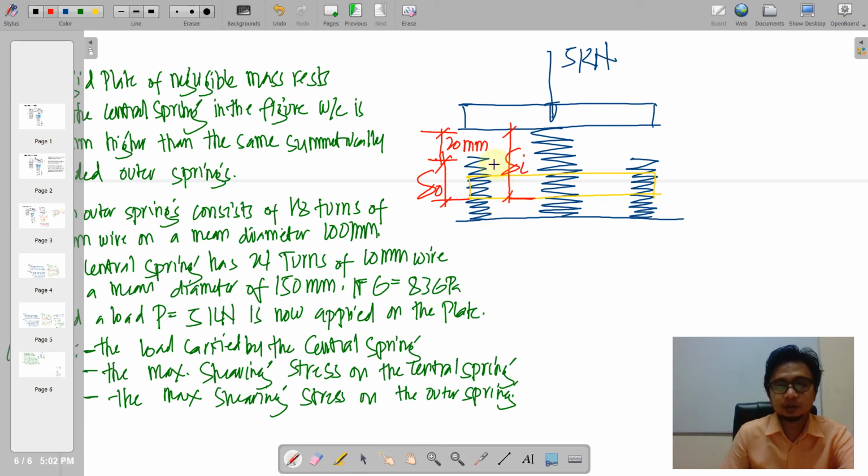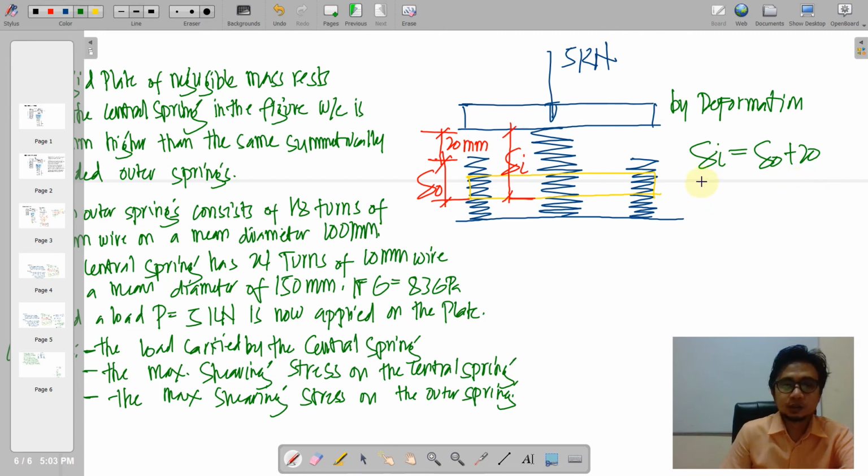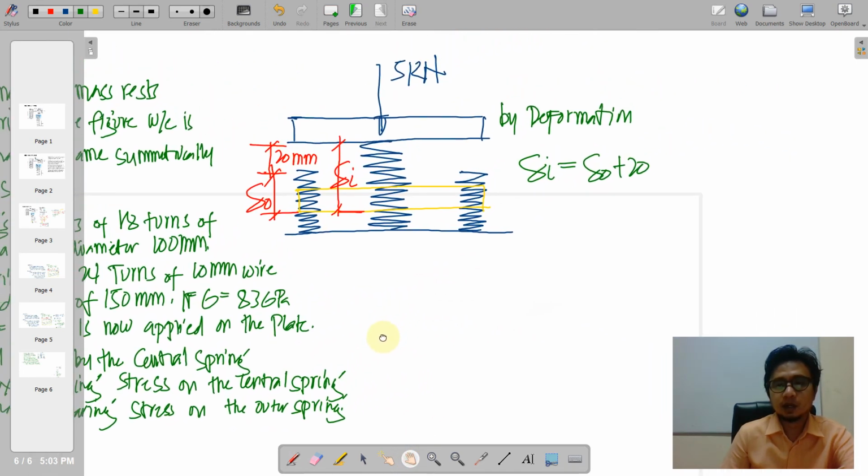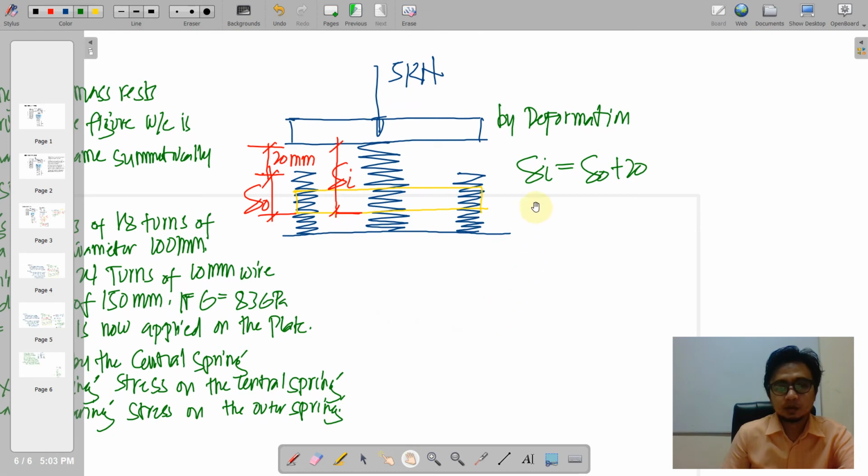And of course, we can now clearly see what equation we can form out of this geometry. So by deformation, the inner deformation will be equal to the outer plus 20. Substituting each of the delta here, you'll be having the formula.